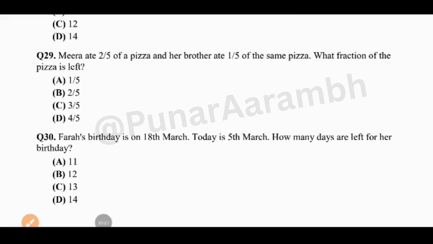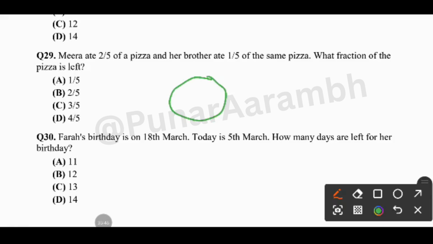Mira ate 2/5 of a pizza and her brother ate 1/5 of the same pizza. What fraction of the pizza is left? Those who know, please go ahead. Rest, please see here. It is clear that if this is a pizza and a certain portion is eaten, we will add these two to find out how much is eaten from the whole.